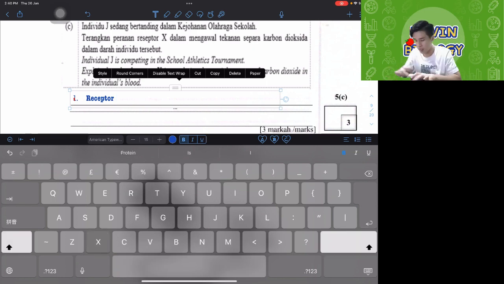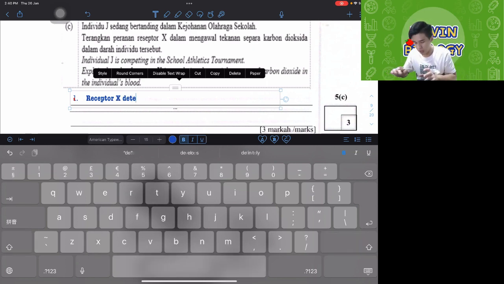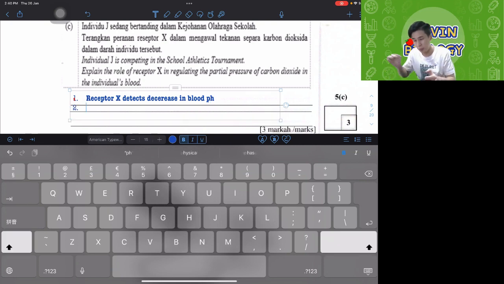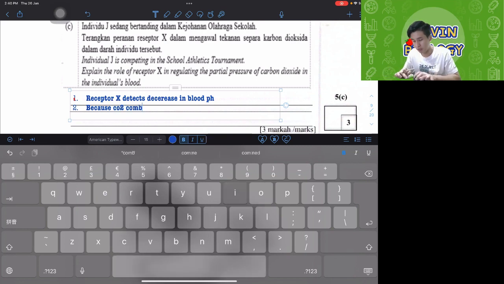So you can say receptor X detects decrease in your blood pH, because CO2 combines with water to form carbonic acid.